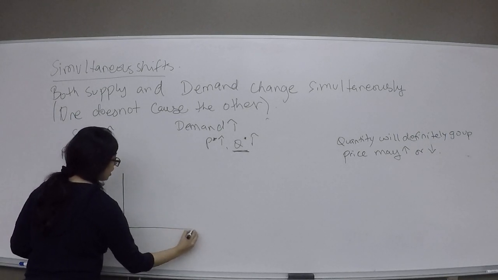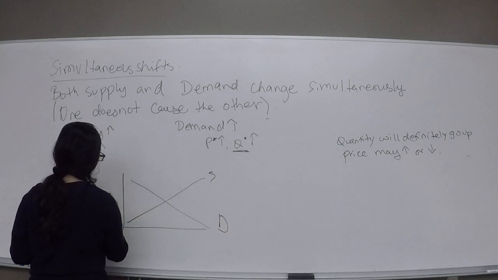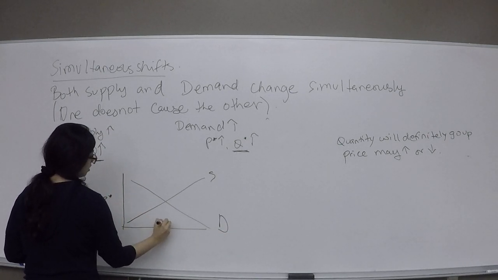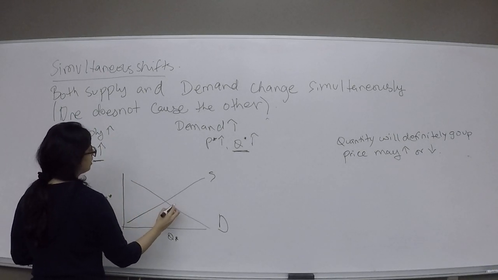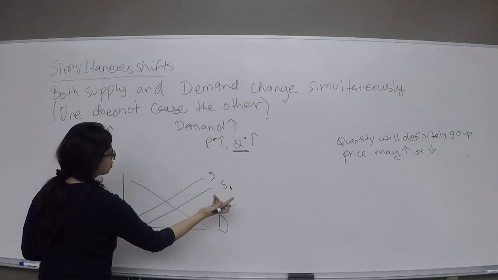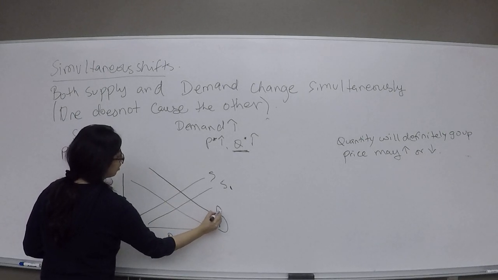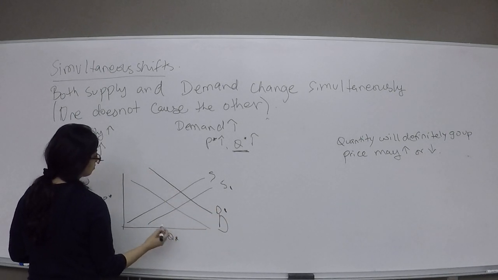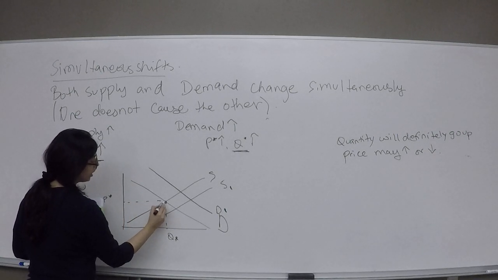And you can even draw it out to see. Supply is increasing. We'll call it S1. Demand is also increasing. We'll call this D1. So this was your initial equilibrium point.